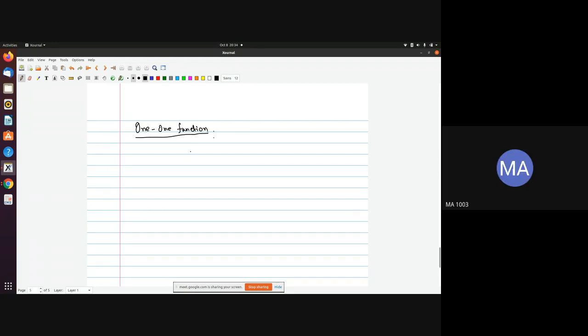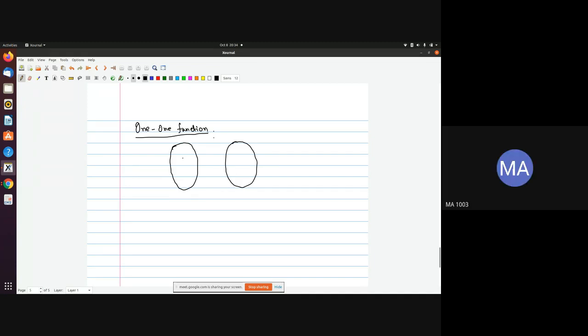For any value in the domain, its image should be unique. So in simple words, if we consider a domain, then two elements should not point to a single image.